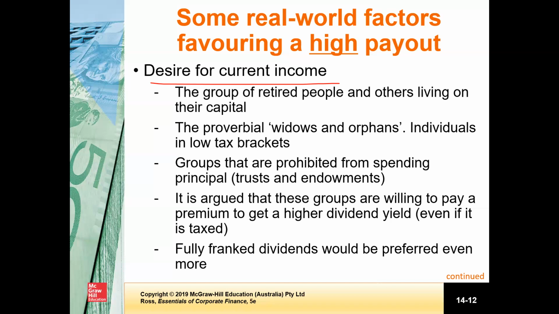Under a classical tax system, there is a normal preference against high dividends because they will surely be taxed at a higher effective tax rate than capital gain tax, although this may not be such a problem for those favoring high dividends who may not have significant income from other sources.